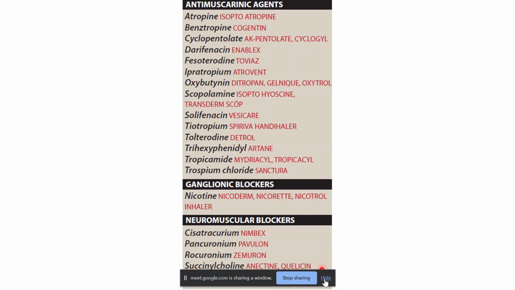And also neuromuscular blockers are not used commonly for treatment, but some of them are used to prepare the patient for surgery, and also for inhalation anesthesia, or narcosis.